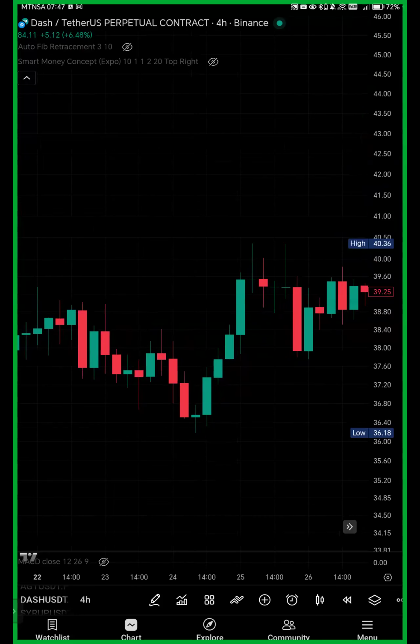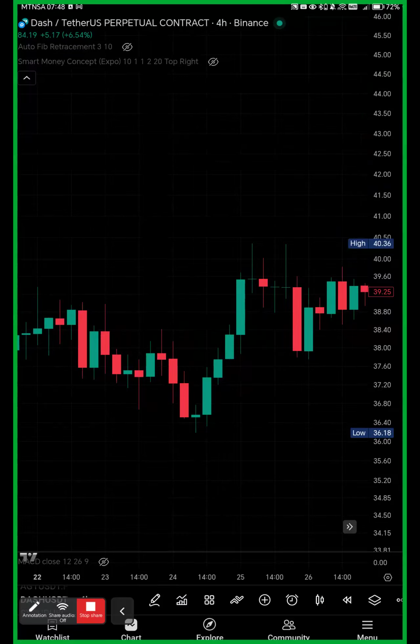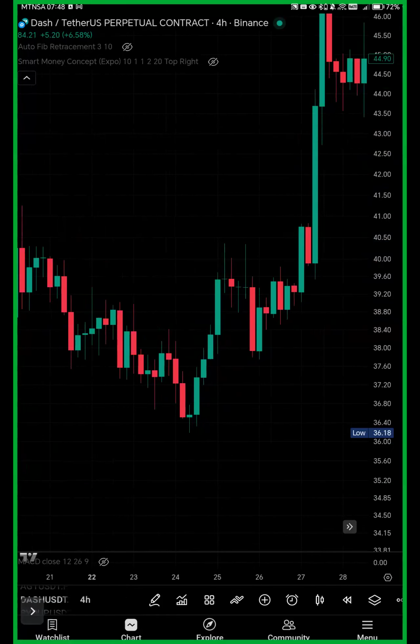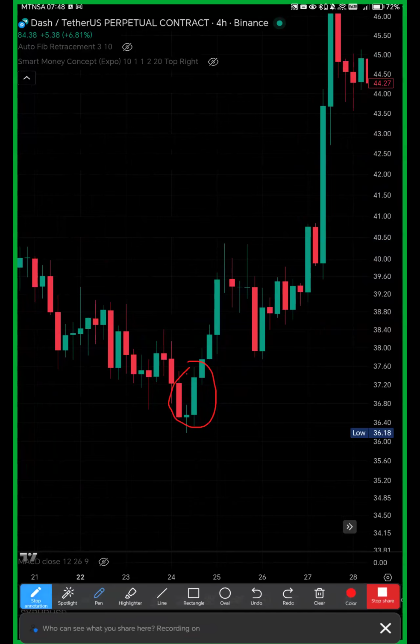Here is an example of a morning star over here. That's an example of a morning star. Right? This is a beautiful example of a morning star over here.